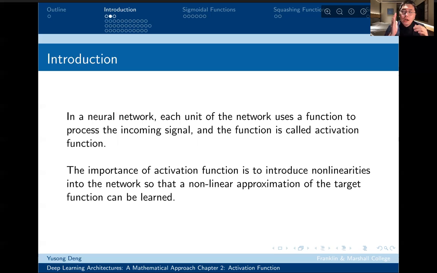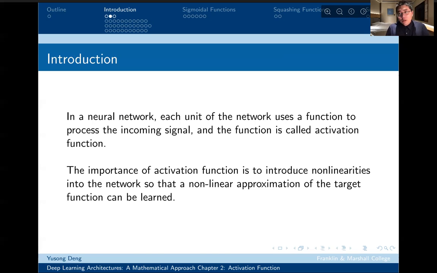As we saw in our last video, if we use a linear activation function, which means y equals cx, that is exactly the same process as calculating a linear regression. In that sense, the neural network can only handle linear problems or linear classification problems. Those linear problems are the only thing we can handle with a linear activation function.